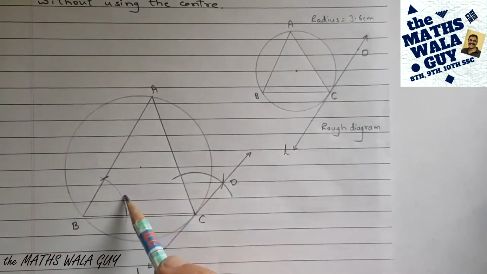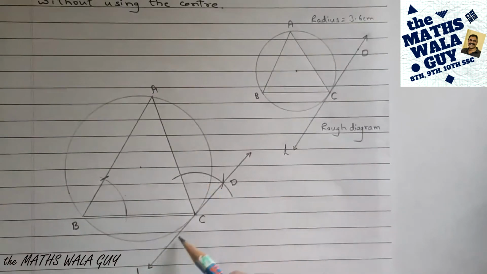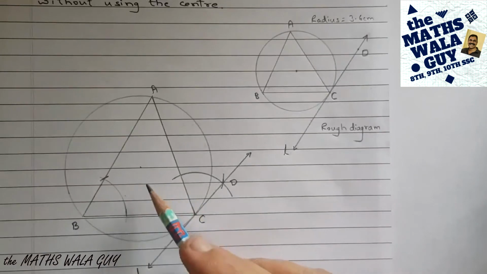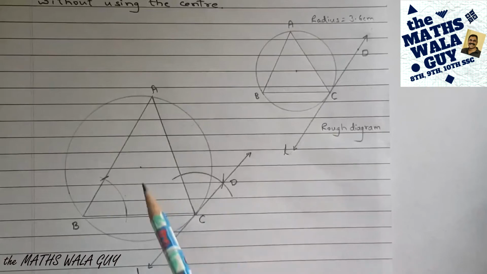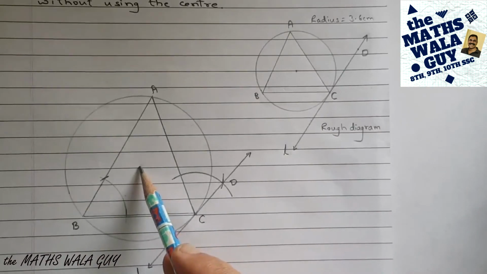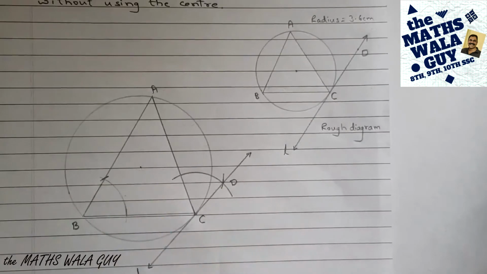Since these two angles are congruent to each other, line L is a tangent to the circle at point C. Now if you notice, we have not at all used the center. So the tangent is drawn without using the center.